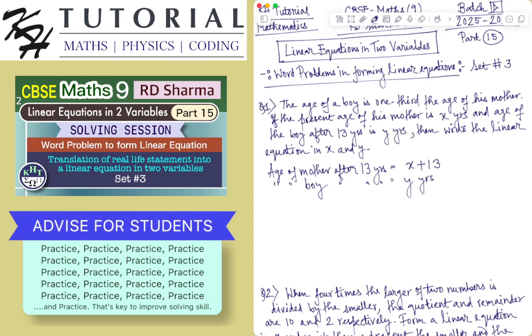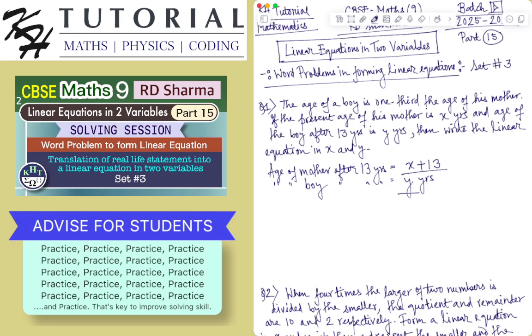Now the age of a boy is 1/3 the age of his mother. So at any moment of time, the age of a boy will always be 1/3 the age of his mother. So the age of mother after 13 years, which is x plus 13, should be 3 times the age of the boy after 13 years, that is y years.